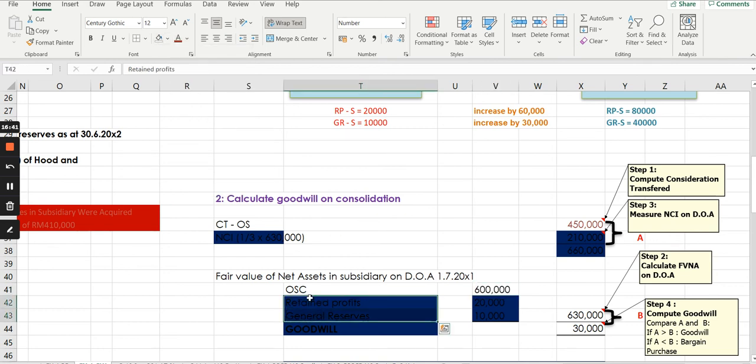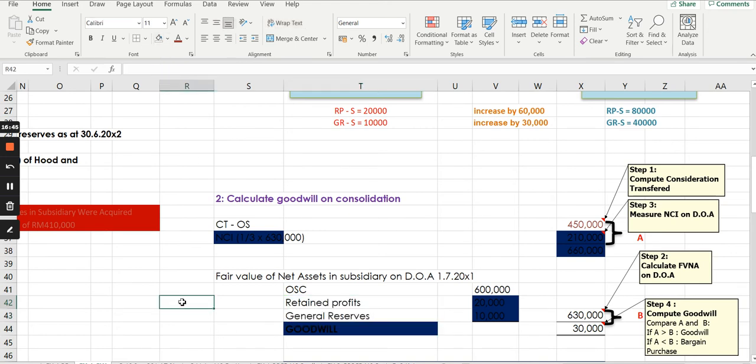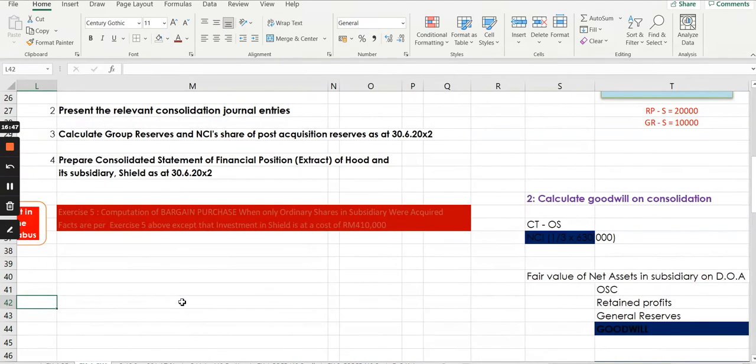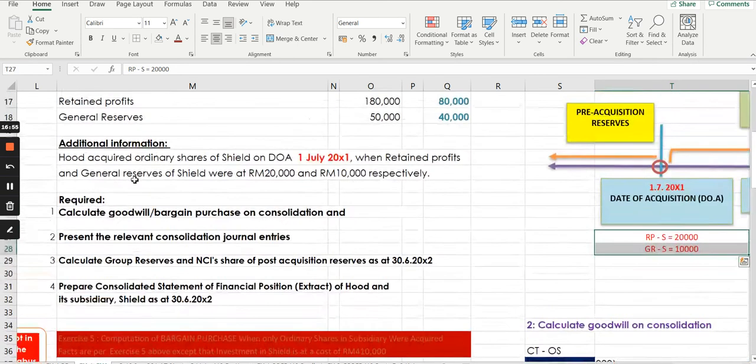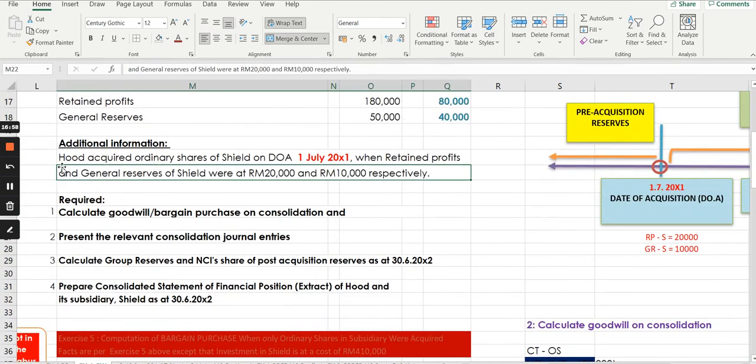For the retained profit and general reserve, which is part of equity, you are going to take the balances that were pre-acquisition balances. If we are doing our analysis, these are the balances, 20 and 10. Or if you look in the question, this is the amount given here, 20, and another one is 10.